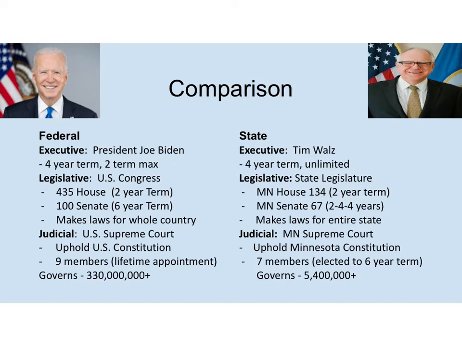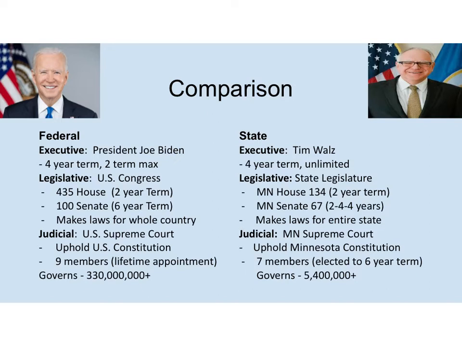And then if they are reelected after that, they serve another 4-year term. Each decade, we start over, and they start with a 2-year term, and then it goes 4 years and 4 years again. The Minnesota State Legislature makes laws for the entire state.